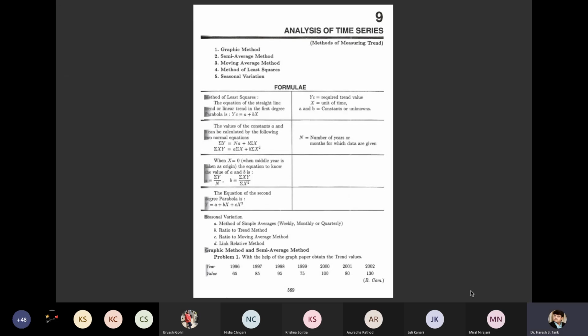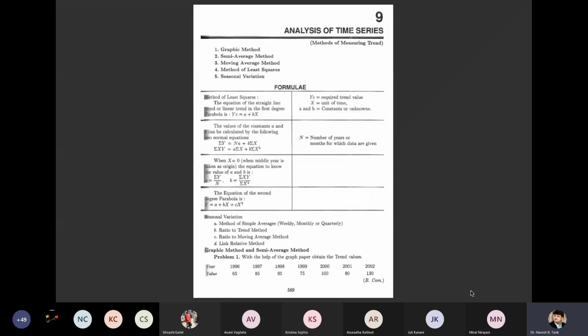The second row is value. In this row, just observe which is the lowest value. The lowest value in this row is 65.